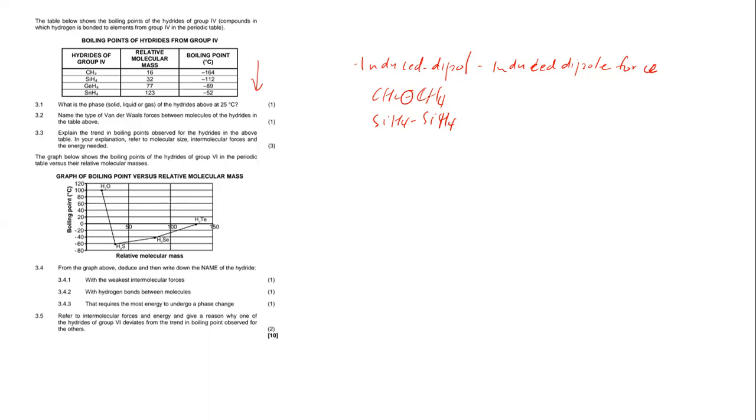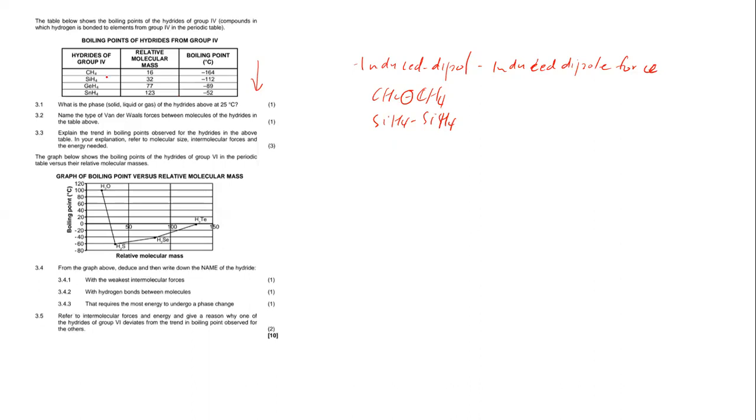There are different types of intermolecular forces. We have induced dipole force, dipole force, and hydrogen bond, which is the greatest of them all. Induced dipole force, amongst the van der Waals forces, is the weakest of them all.